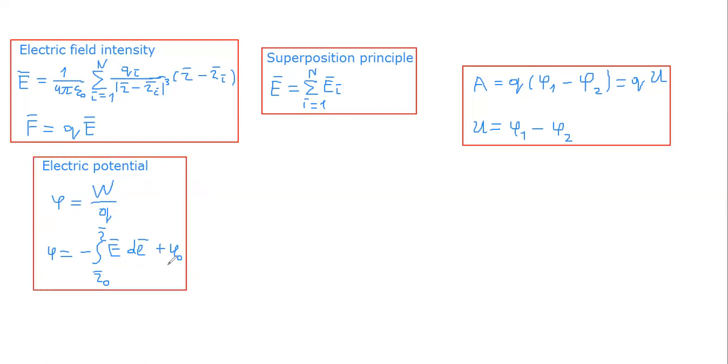The second formula allows us to find a potential if we know the electric field intensity.